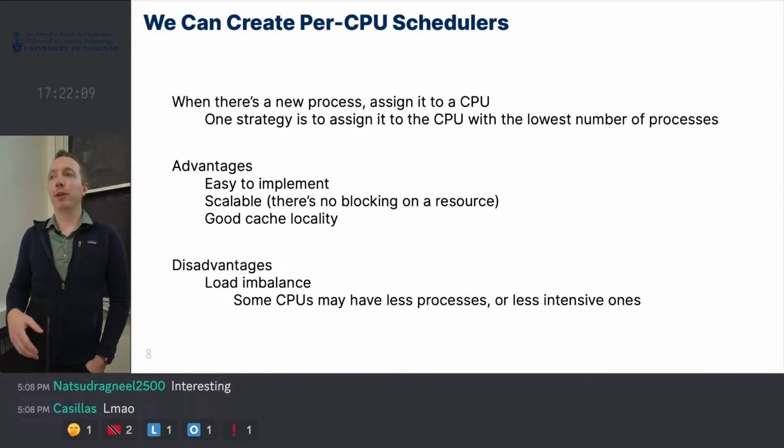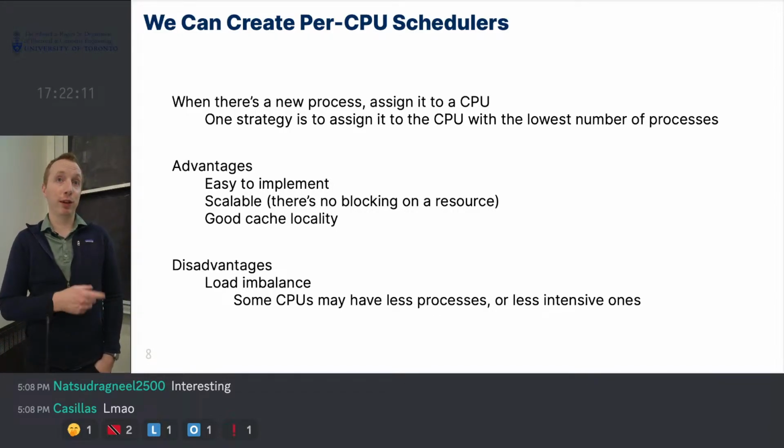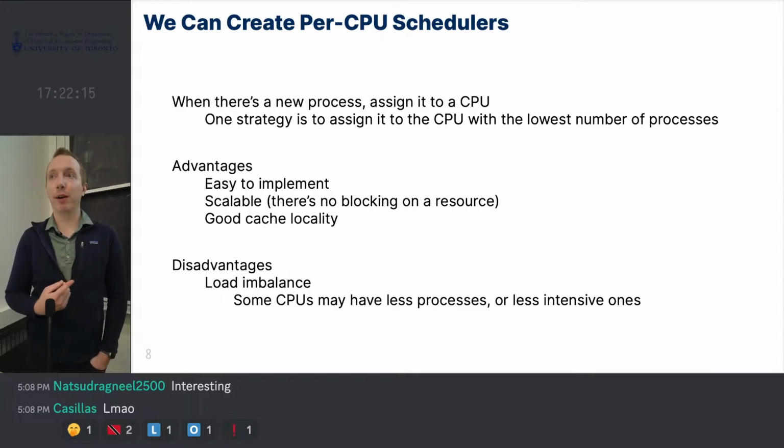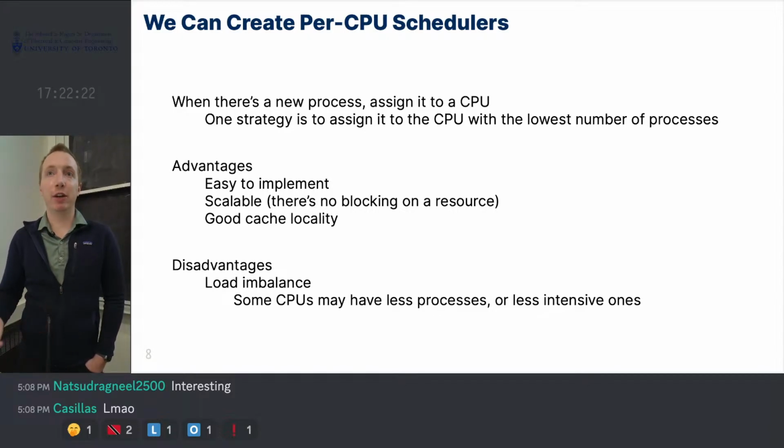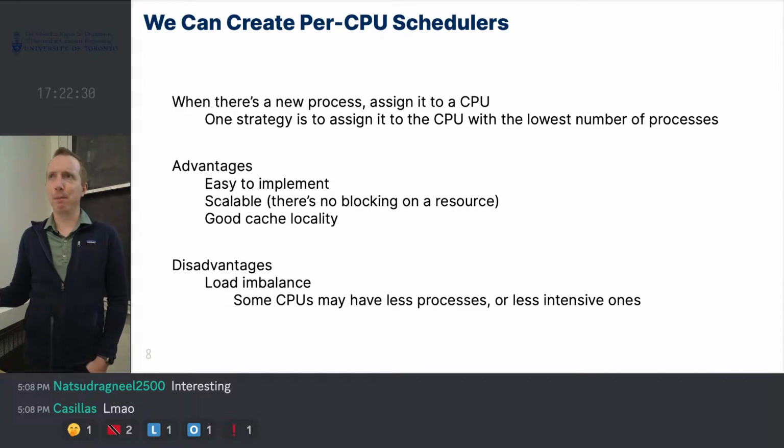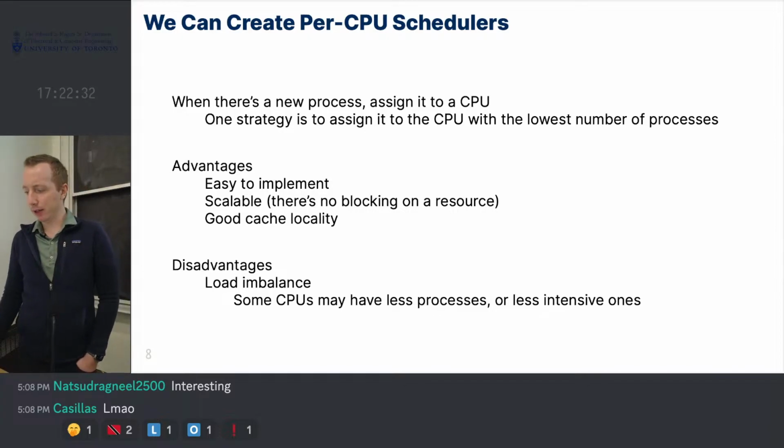Well, we might get super unlucky and core 1 gets 2 really short processes and core 2 gets 2 really long processes. In that case, core 1 would finish, become idle, and then we can't do anything. So core 1 would just be idle, and then core 2 would just be ping-ponging back and forth between 2 processes. So we can do something better.